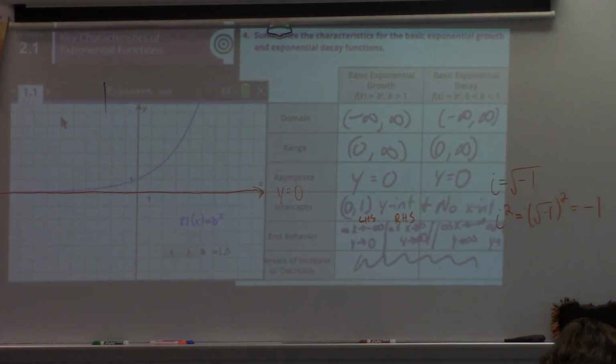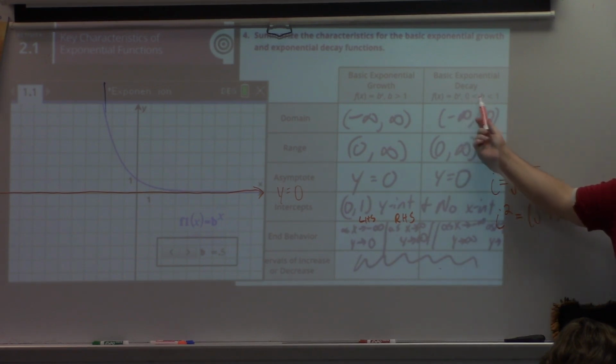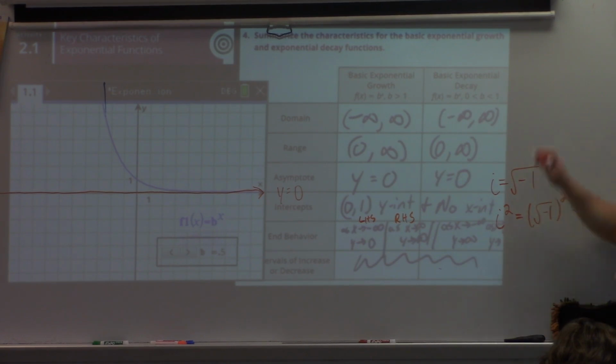And we saw a similar thing here with the exponential decay. We saw an exponential decay whenever the base was between 0 and 1. Don't forget that. Remember, if the base is equal to 1, what type of exponential function is it? It's just a line. So what type of exponential function is it? It wasn't one.